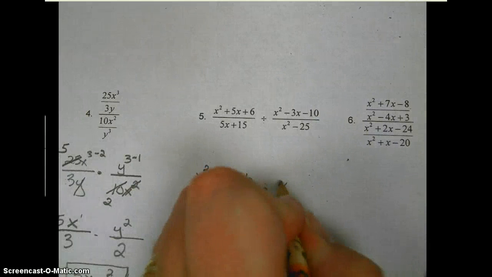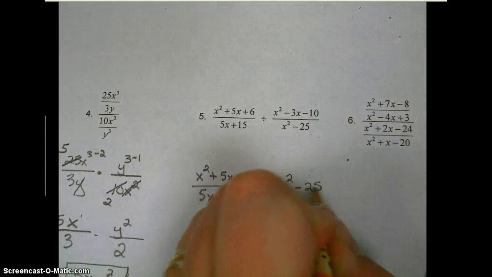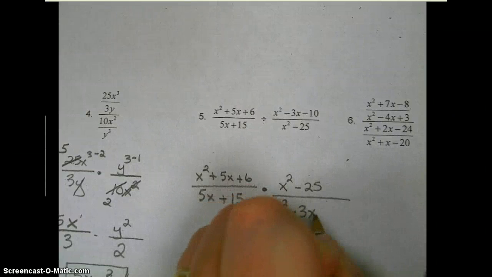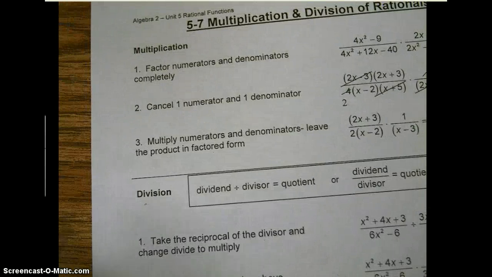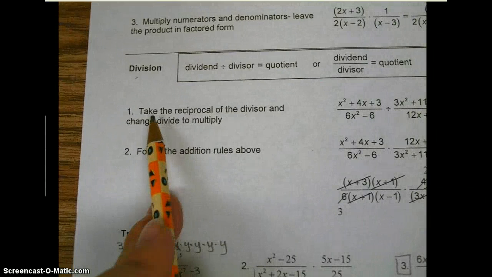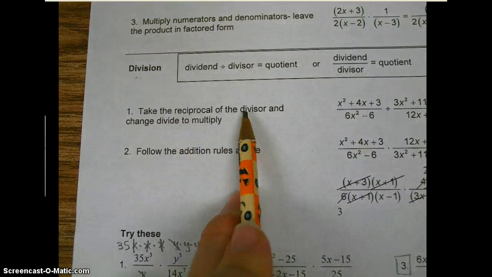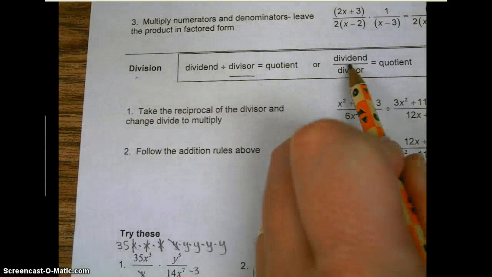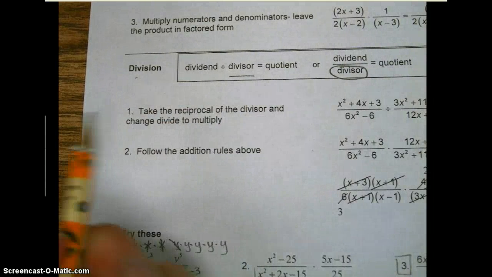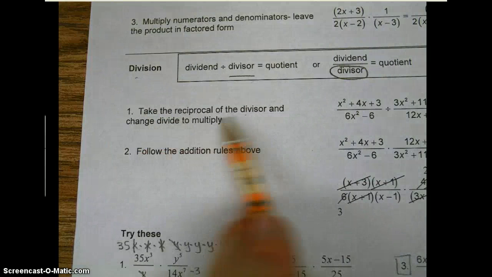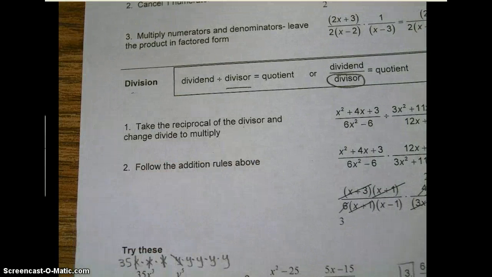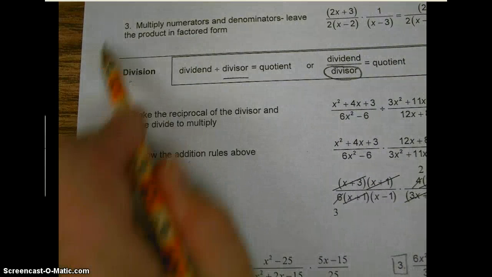So we get x squared minus 25 over x squared minus 3x minus 10. Now, if you look at the directions right here, take the reciprocal of the divisor. Okay, here's the divisor if it's in that form. There's the divisor if it's in that form. Take the reciprocal of the divisor and change the divide to multiply. That's what we did. Now we follow the rules from above.